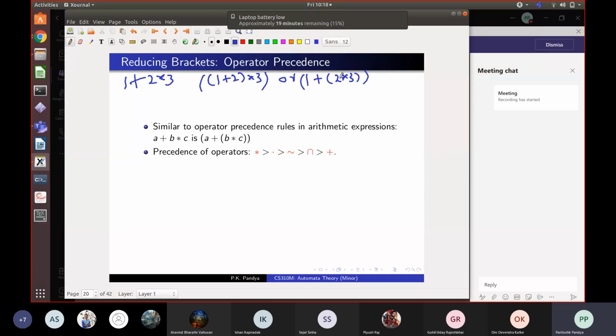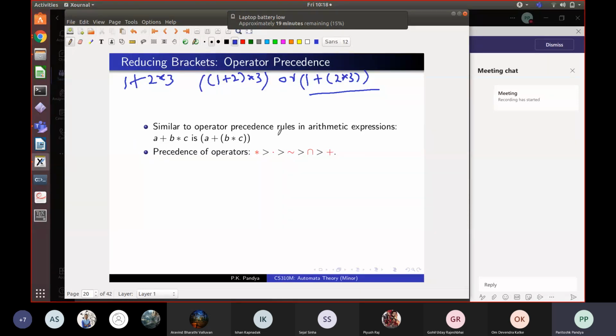There are two, but we have conventions that star has higher precedence than plus, which means it binds tighter to its argument than plus, and hence this is the one that we take. We use these conventions in arithmetic, and this allows us to remove all these extra brackets which are cluttering up the expression. So we can reduce the brackets by defining what are called operator precedence.